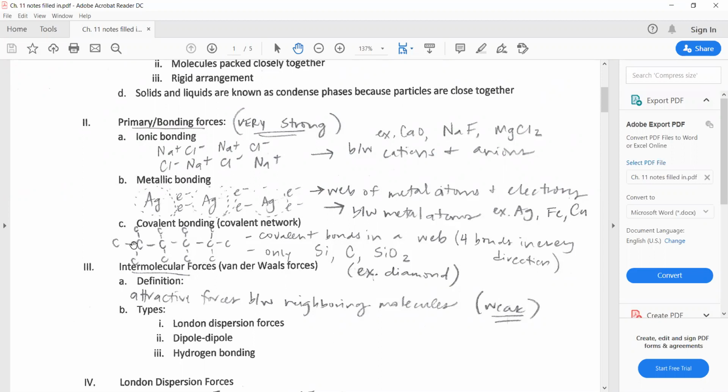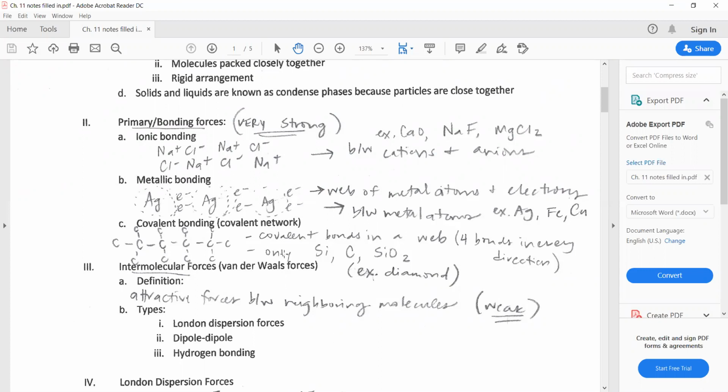These are super hard substances like quartz and diamond. This is only going to apply to really 2 elements for us, silicon and carbon. It'll also be silicon dioxide here. But silicon and carbon both are able to make 4 covalent bonds around themselves, so they are good candidates for this because they can make that really structured web that makes them very, very hard substances.